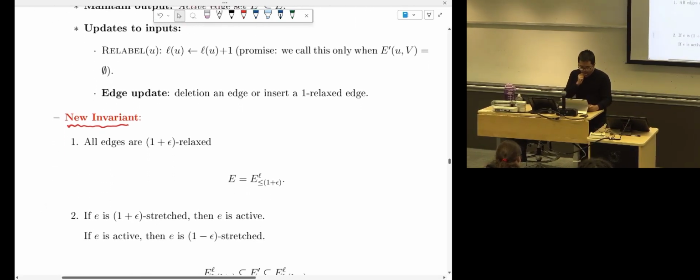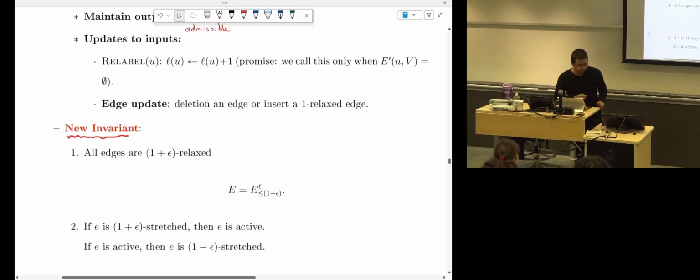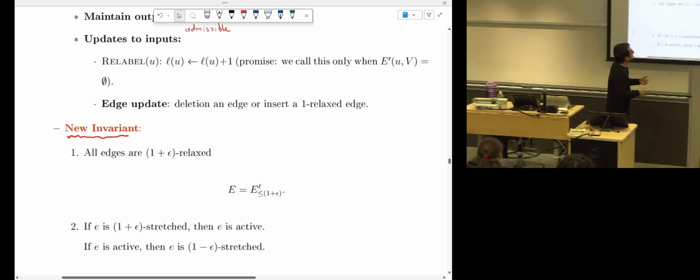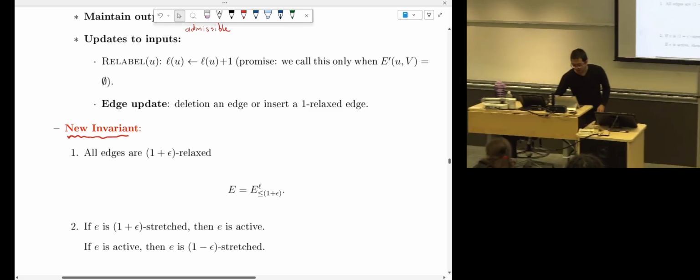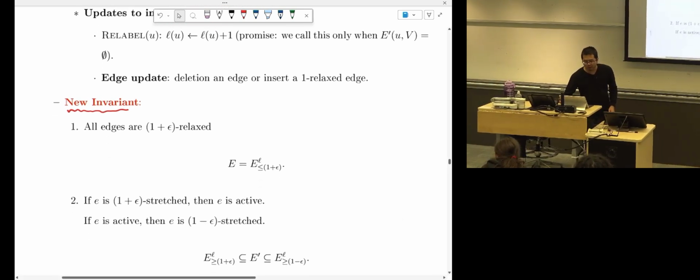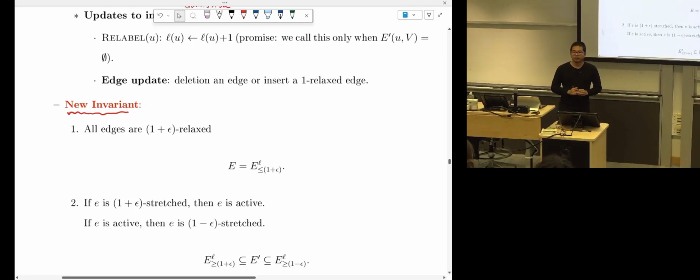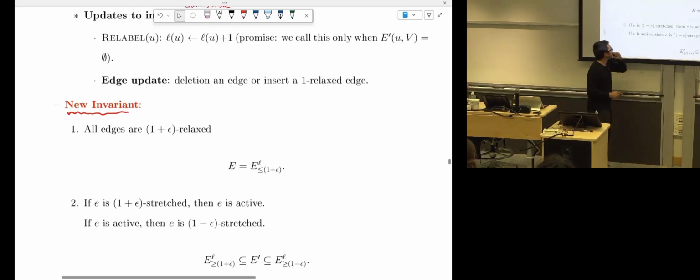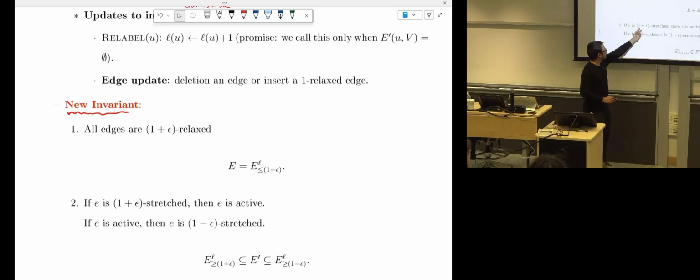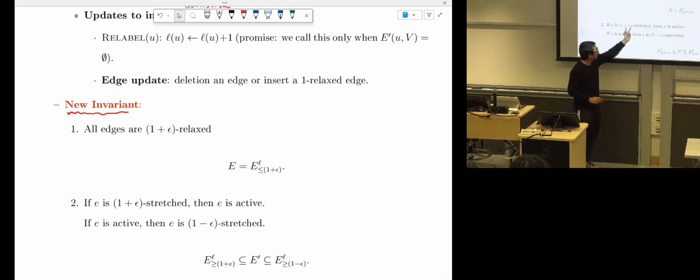Next is that we want this set E prime to be basically an approximately tight set. And now what do I mean? I mean that if it is quite overstretched, like if it is 1 plus epsilon stretched, then it must be active.